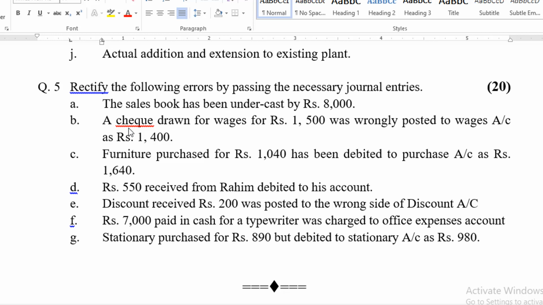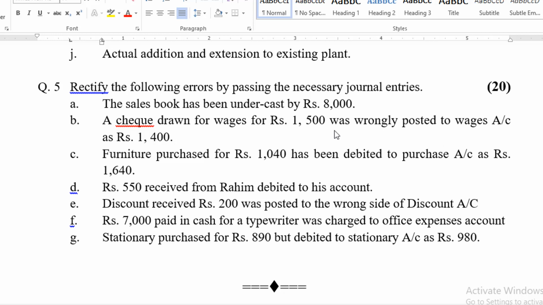The second transaction is a check drawn for wages for rupees 1,500 was wrongly posted to wages account as rupees 1,400. Again, this error is related to a one-sided or one account error, because only one account is involved here, the wages account.